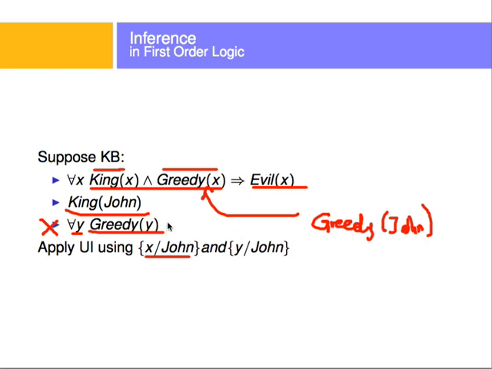Now there's a more general rule to do this, and it says the following. Basically, it says that if I have a premise here on this side that implies a conclusion, and there's a substitution such as x John, y John, such that all the premises here are satisfied in the knowledge base, then I can just add the conclusion to the knowledge base.